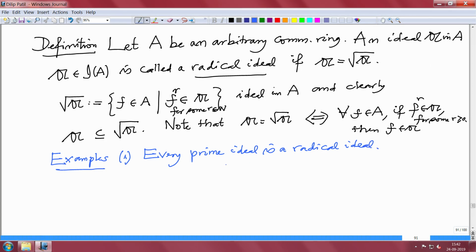This is obvious, because if a power of an element belongs to the prime ideal, then the element should belong to the ideal. That follows from the definition of a prime ideal. So, in particular, every maximal ideal is a radical ideal.